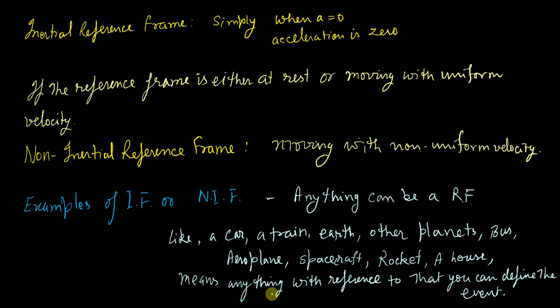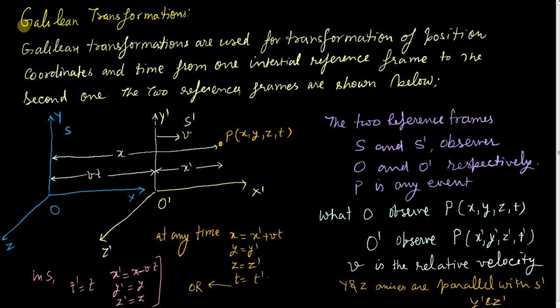A house, anything with reference to which you can define the event, may be a reference frame. So first of all, how two different people observe any event, we have developed a relationship between the coordinates, and that comes out through the Galilean transformation.